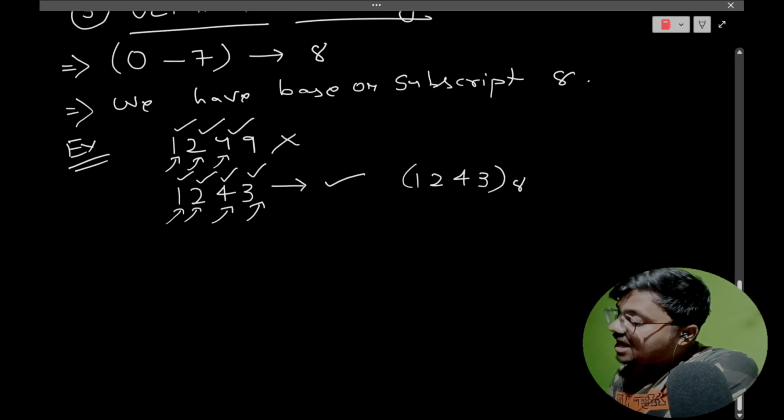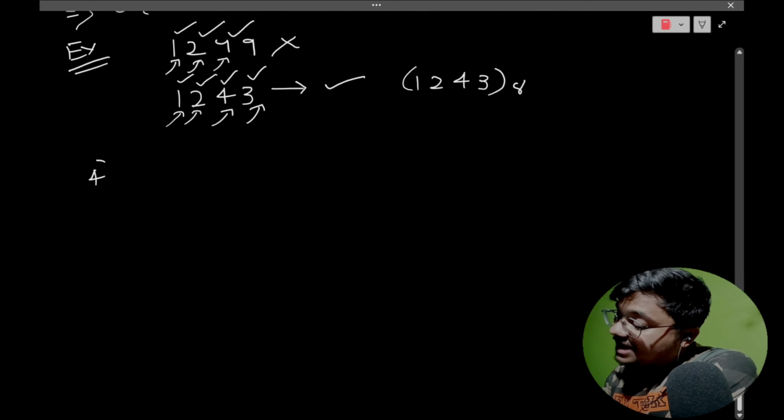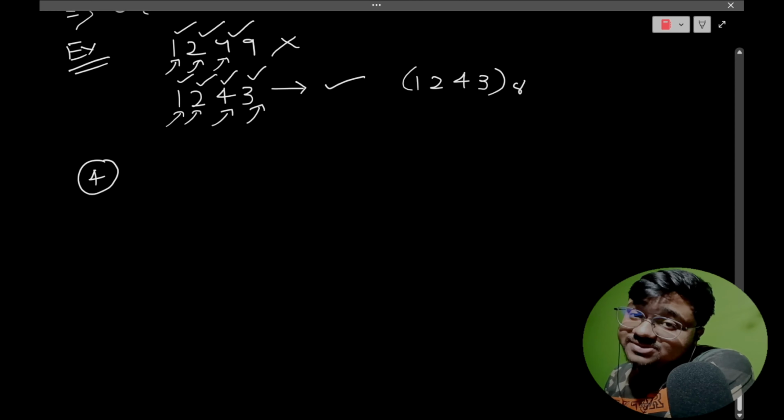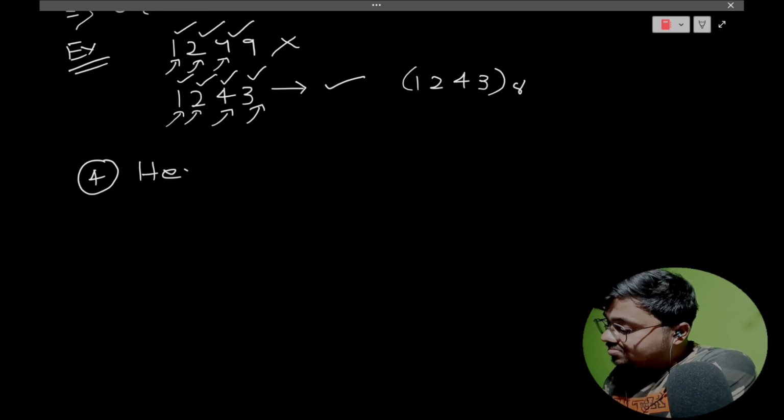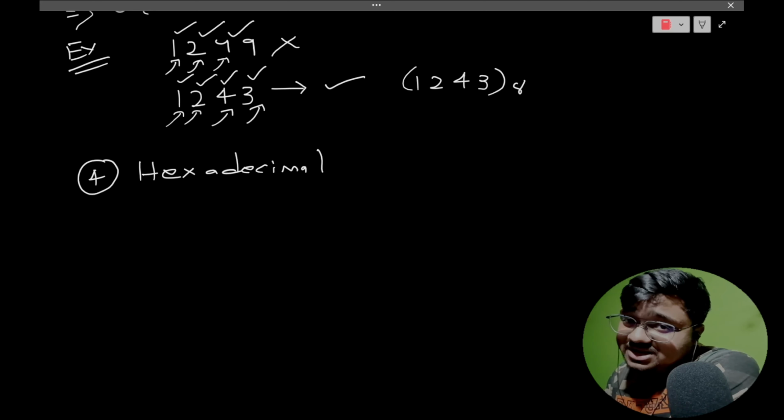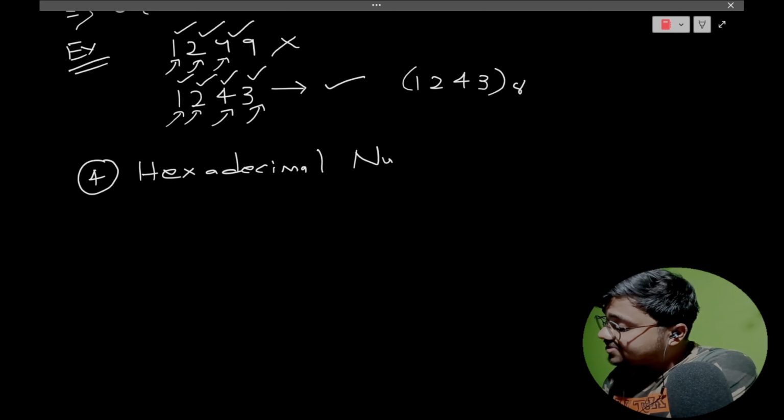Yes. Now we will be talking about another important number system, that is the hexadecimal number system. The concept is very good, but you need to understand it very carefully, otherwise you will be making mistakes.